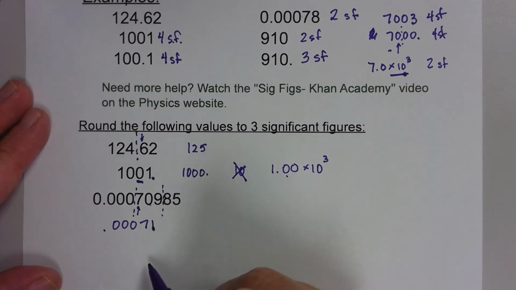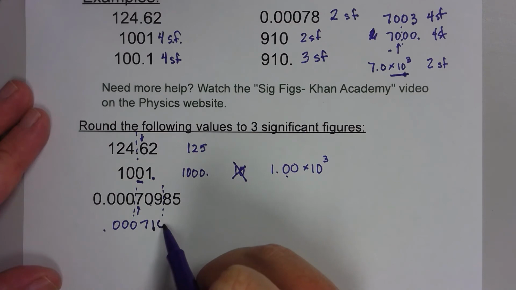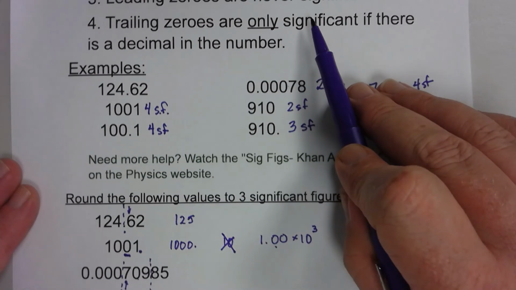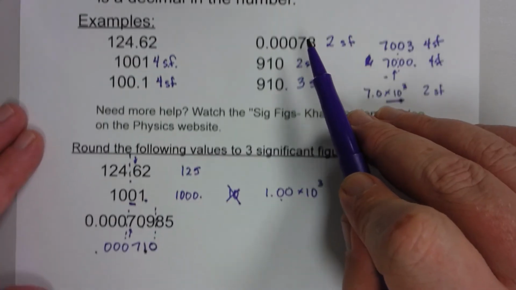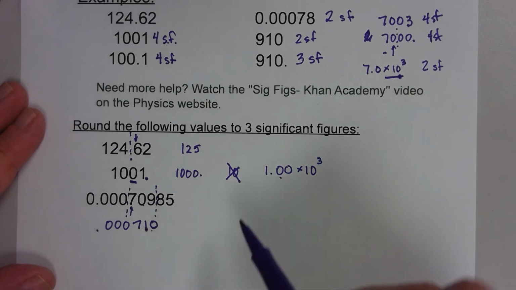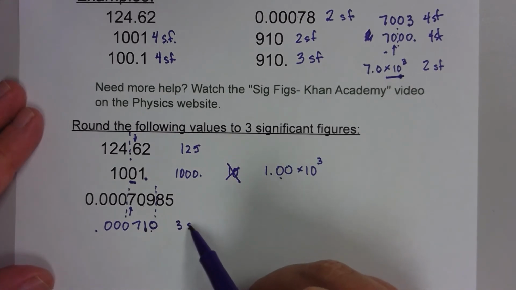But if we leave it like that, we've got 2 significant figures. We need to add that last 0. Remember, trailing zeros are significant if there's a decimal. Leading zeros are not. So these 3 zeros are not significant, but this 0 is. Non-zero digits are always significant. This is 3 sig figs.